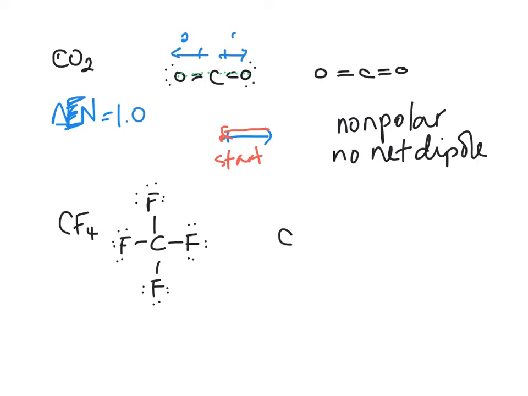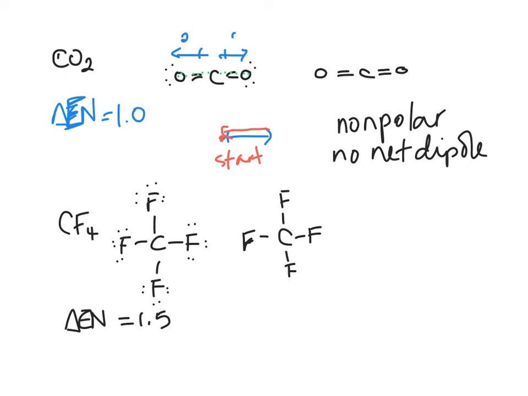So our structural formula would look like this. So, difference in electronegativity. We're going to have fluorine, which is 4, carbon that's 2.5, so our difference in electronegativity is 1.5. So that's very polar.